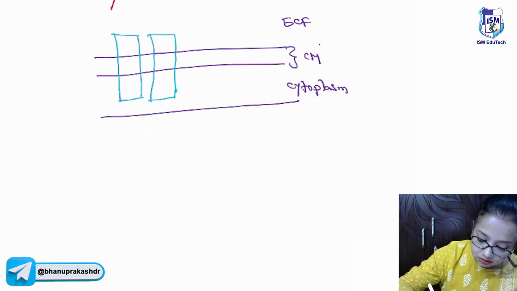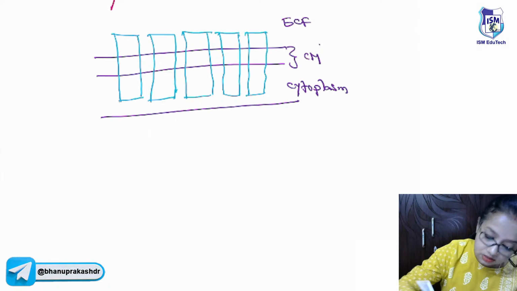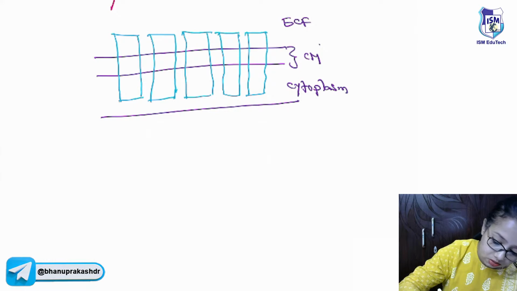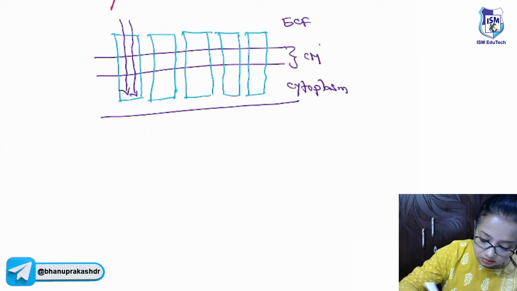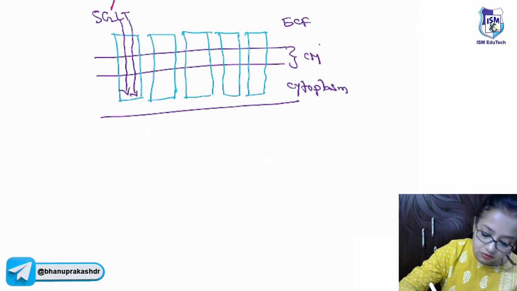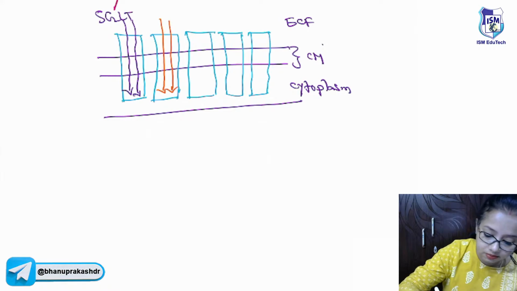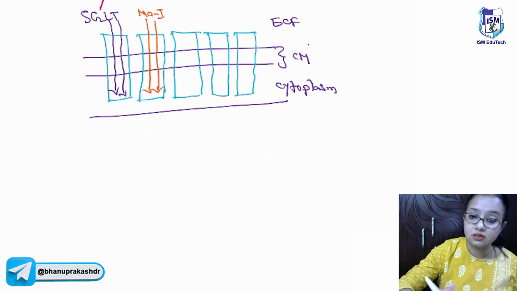The examples of the secondary active transport, both co-transporters as well as exchangers, just have a look at this. So here we can say, our first example, sodium glucose co-transporter. Our second example, we have sodium iodide co-transporter which is present in the thyroid follicular cell.